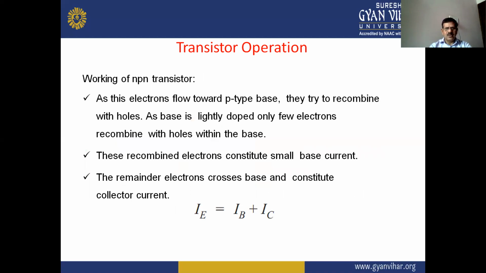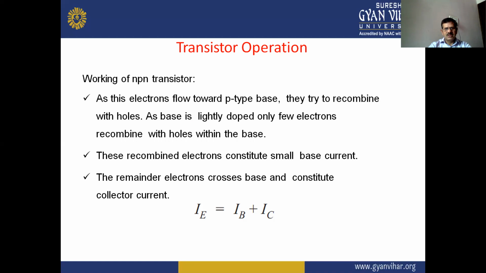As these electrons flow toward the p-type base, they try to recombine with holes. As the base is lightly doped, only a few electrons recombine with holes within the base, because the width of the base is very thin as compared to emitter and collector. So in the base region there are very few holes.